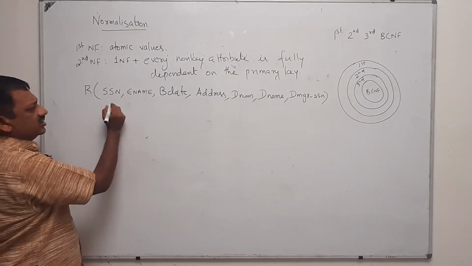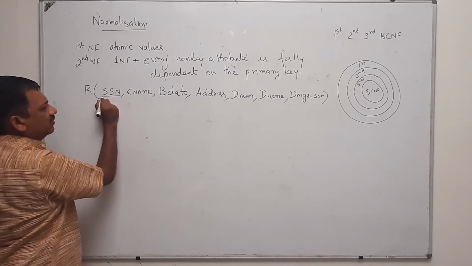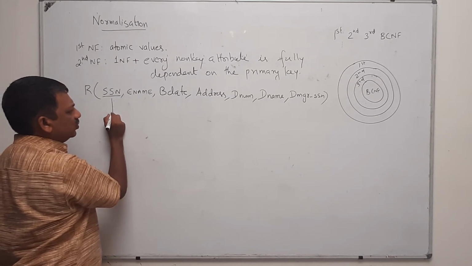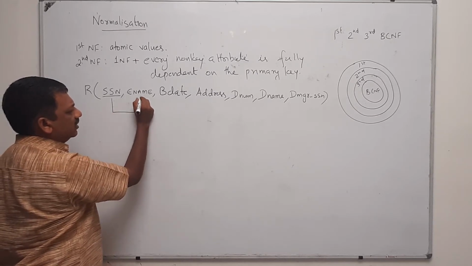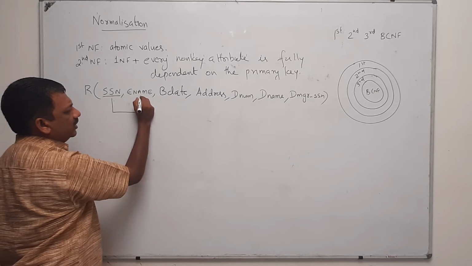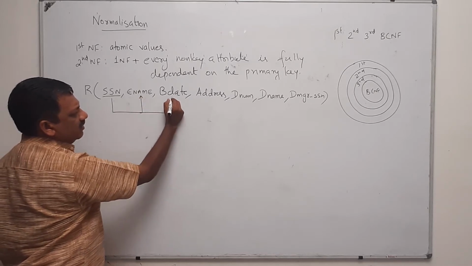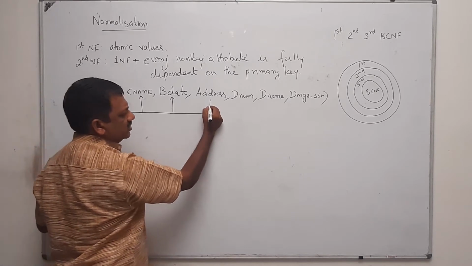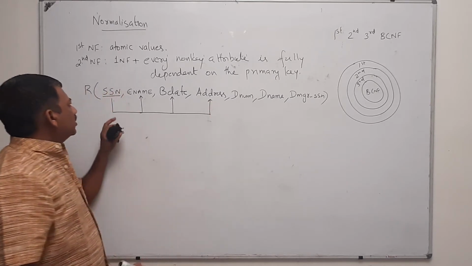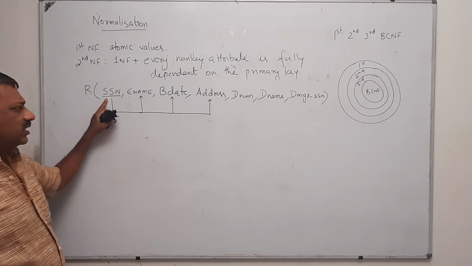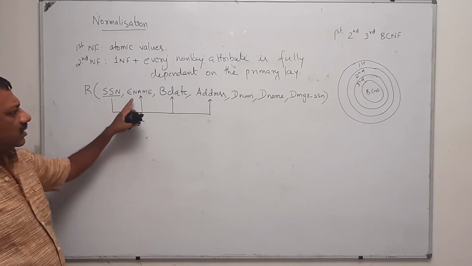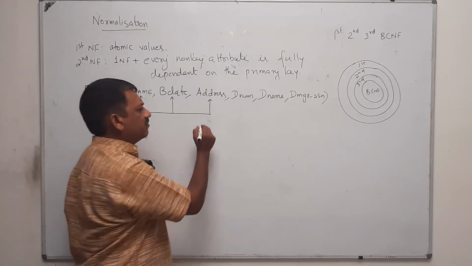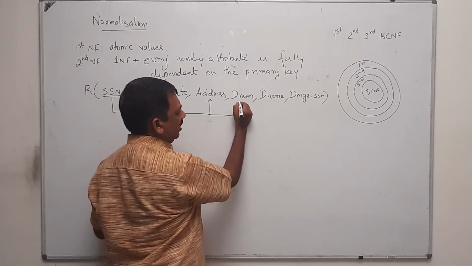Here is the relation, and the social security number is the primary key. Once you know the social security number, you can determine the employee name, birth date, address, and the department in which he is working.